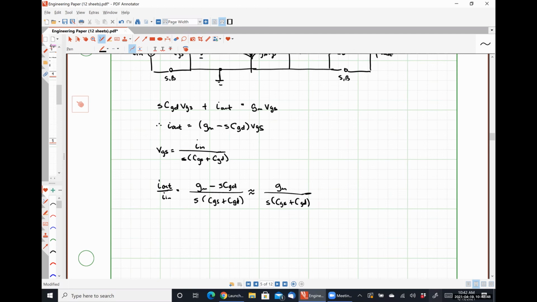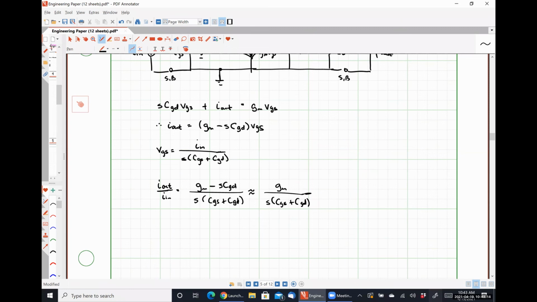So again, as long as we're not operating at terahertz frequencies or hundreds of gigahertz really, then this approximation should hold. So the magnitude of our current gain here will be equal to 1 when s is equal to gm over CGS plus CGD, right?